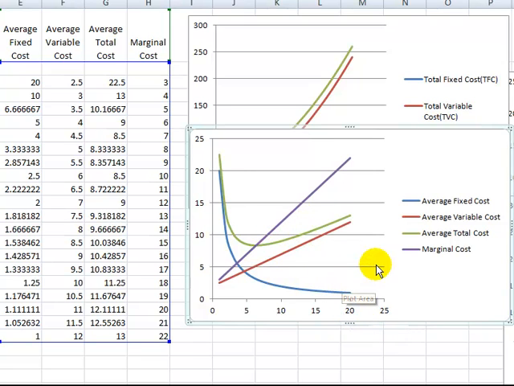So the average fixed cost, as we've seen, gets smaller and smaller as output increases, and average variable cost is here, and average total cost is the green one, and marginal cost is the purple one. Marginal cost passes through the average total cost and the average variable cost at their minimum points.